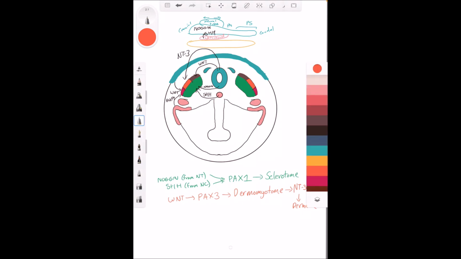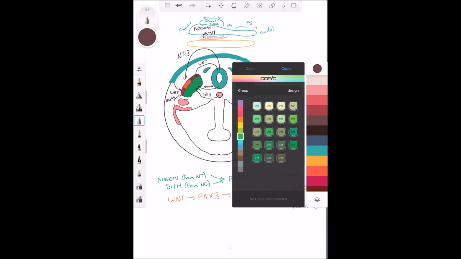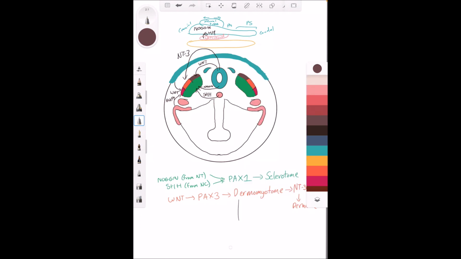And now what if we have something else? What if we have, let's talk about the reds. So actually the browns first. So the brown, if there is the Wnt protein, one of those Wnt proteins, then what that does is that will actually activate a transcription factor called MyF5.